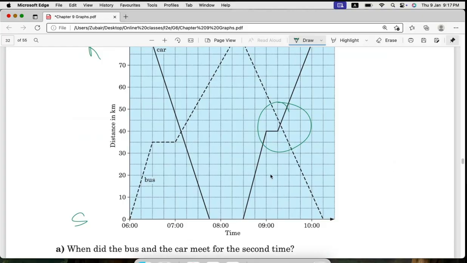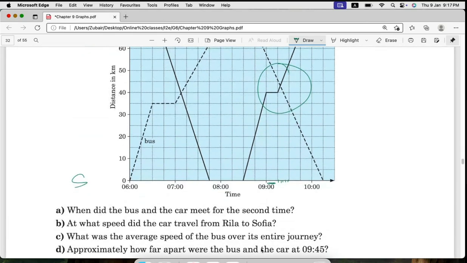I would say 18. I'm guessing that this is actually the fifth part. If this is 15 minutes, I'm dividing it into five equal parts. So one part would be 3 minutes. 15 divided by 5 is 3. So 15 plus 3, let's make it 18. So 9:18.